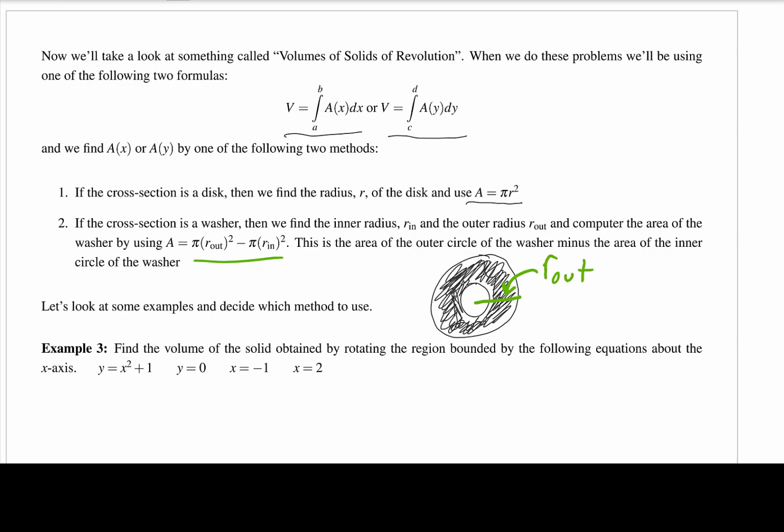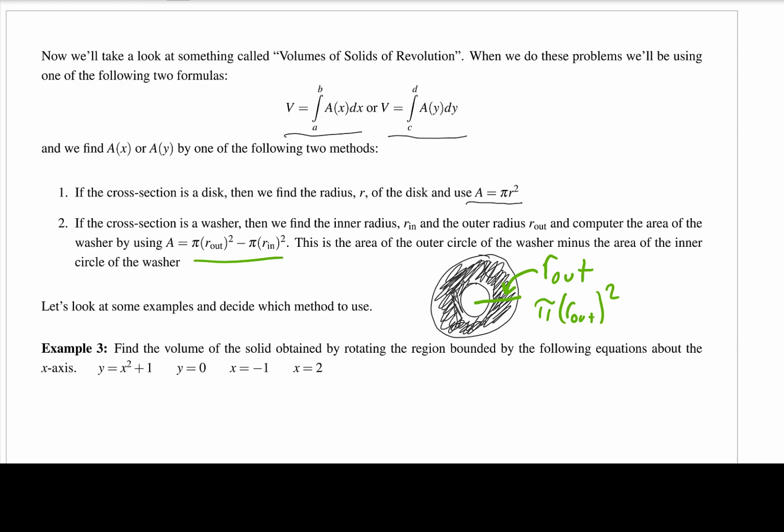This is the radius of the outer disk. So if we want to calculate the area of this big disk without the smaller disk taken out, we would get pi times R out squared.